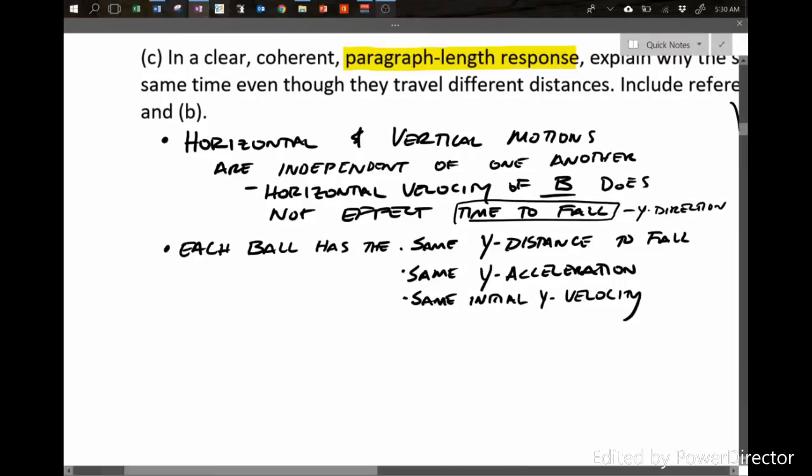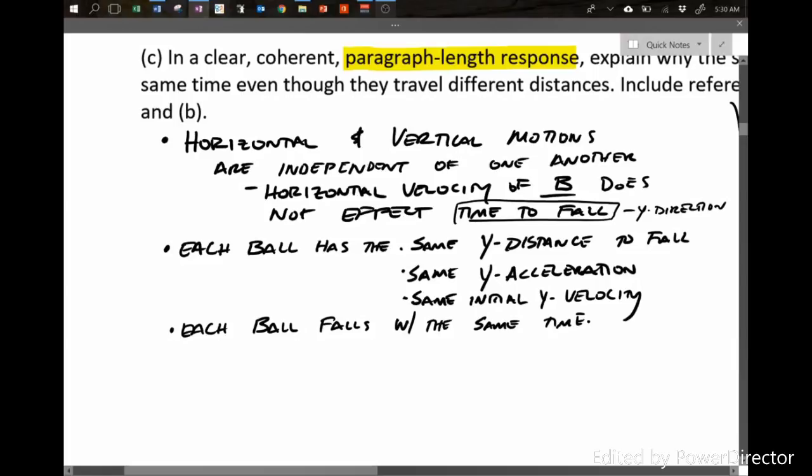Because all of those things are the same, each ball is going to fall in the same time.